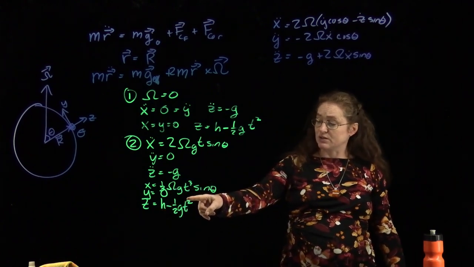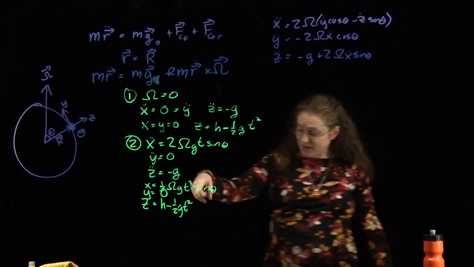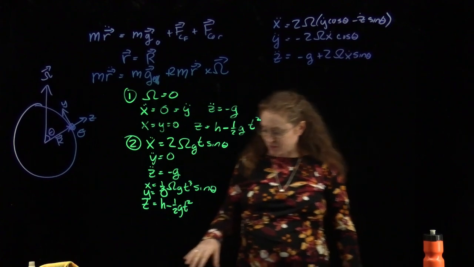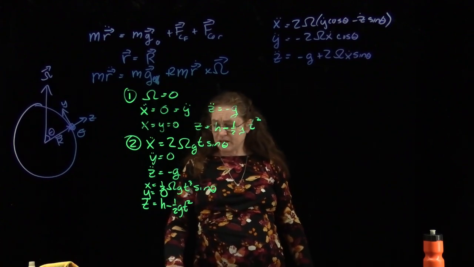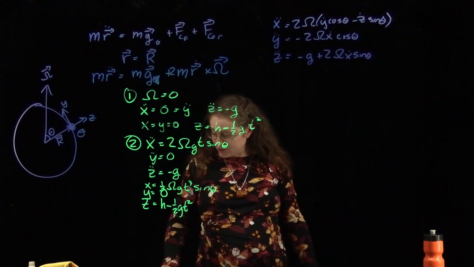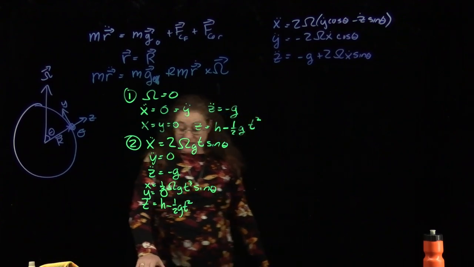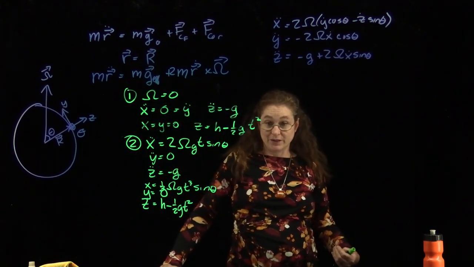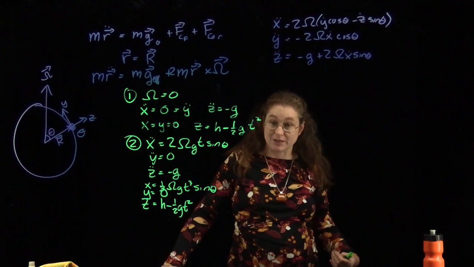But as soon as you consider the rotation, the fact that the coordinate system is rotating, you get a deflection to the east. And we can plug in numbers, and it turns out, just using the numbers the book did, that if you have an object dropped from 100 meters, it is deflected by 2.2 centimeters.